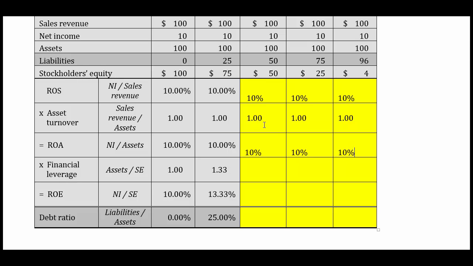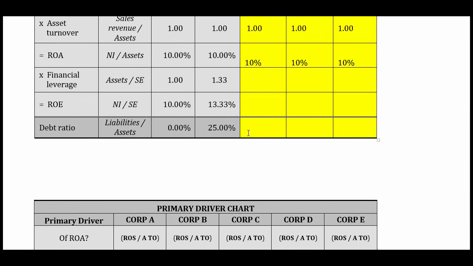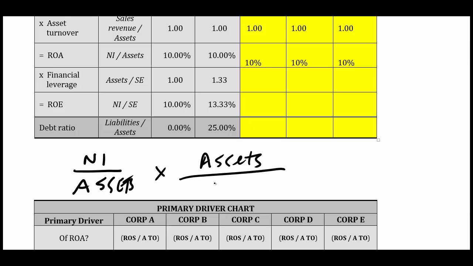But now watch what happens. Financial leverage, we multiply return on assets by financial leverage. That's assets divided by stockholders' equity, to get return on equity. So look at this formula. Return on assets is net income divided by assets, and financial leverage is assets divided by stockholders' equity.